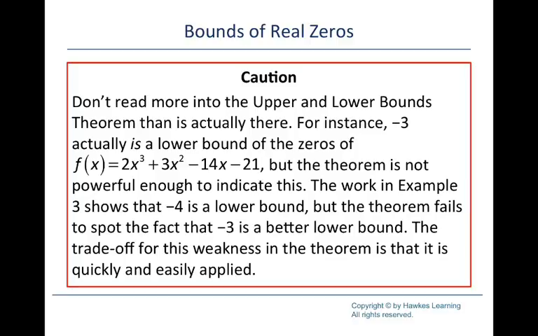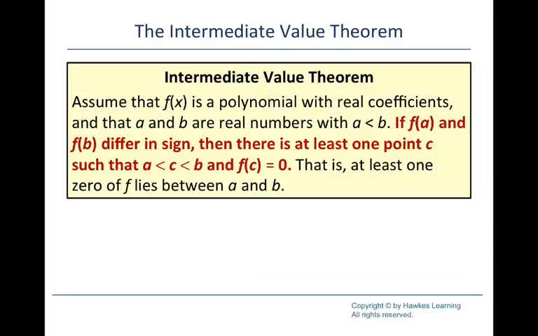But it does help you narrow down the list quite a bit when you apply the upper and lower bounds theorem. The intermediate value theorem: if we have a polynomial with real coefficients, if f of a and f of b differ in sign, then there will be a 0 between them.